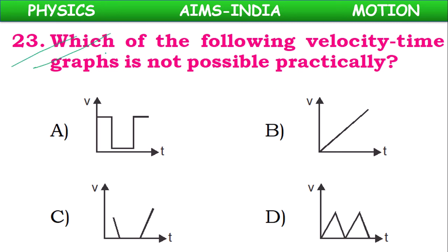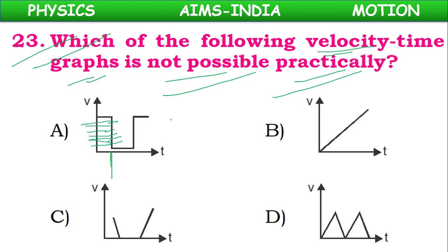So the next question is also the same. Which of the following velocity time graphs is not possible practically? Here, at all these points, at the same instant of time, it is having different velocities. So this is not possible. This one intersects at only 1 point.